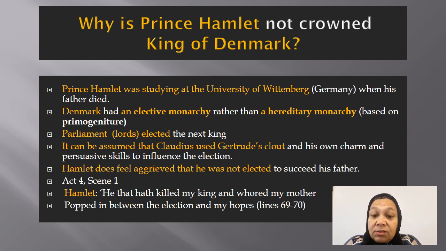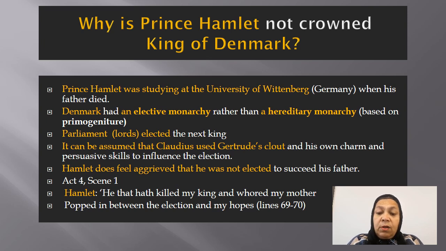In this case, it is not so, because apparently in Denmark, Parliament, which is made up of lords, elected the next king. So we can assume that Claudius must have somehow manipulated the situation and used whatever power Gertrude perhaps had, as well as his own charm and persuasive skills, to influence the election.